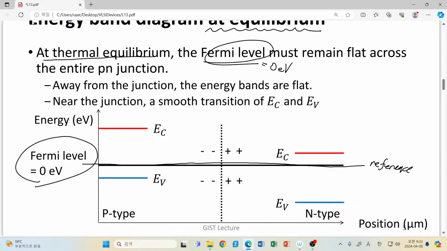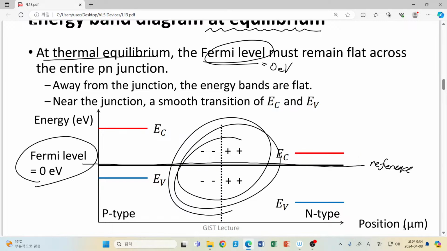However, away from that junction, nobody can catch that there exists a p-n junction. That is the point. Yes, there happens something, wow, quite interesting and quite active. However, that really happens near the junction region.